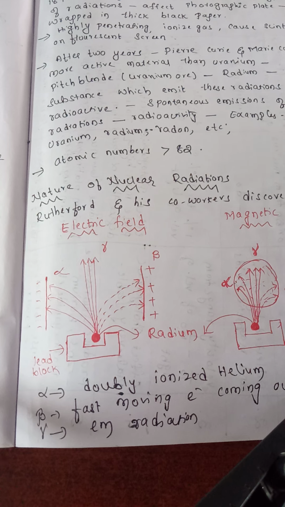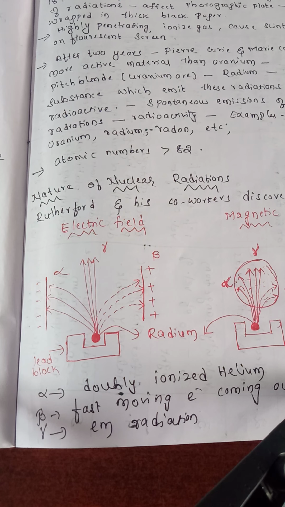They found that some particles were attracted towards the negative plate, some towards the positive plate, and some went undeflected. Particles deflected towards the positive plate, they named beta radiations. The particles deflected towards the negative plate, they named alpha particles, and the undeflected radiations were named gamma radiations.